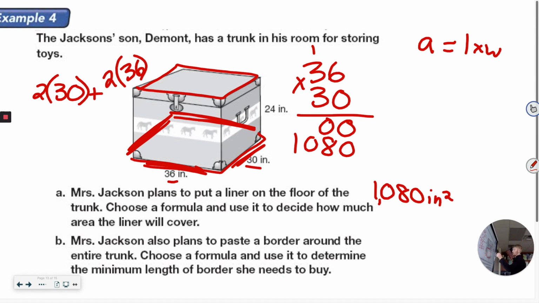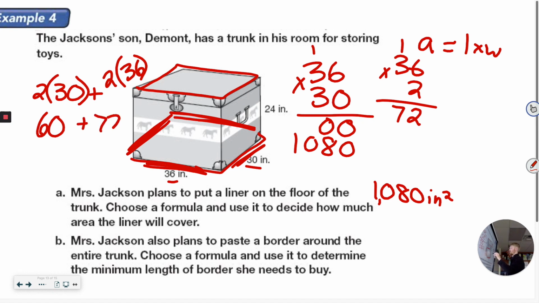So 2 times 30 gives me 60. 2 times 36, maybe you need to multiply that one out. 6 times 2 gives you 12, and 2 times 3 gives you 6, so that gives me 72. So 60 plus 72, and that would give me my total amount of space I need around there.